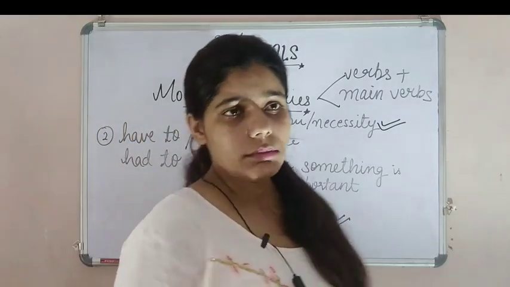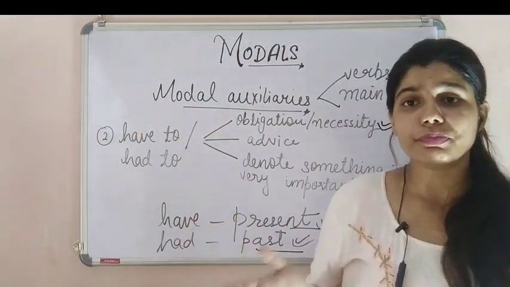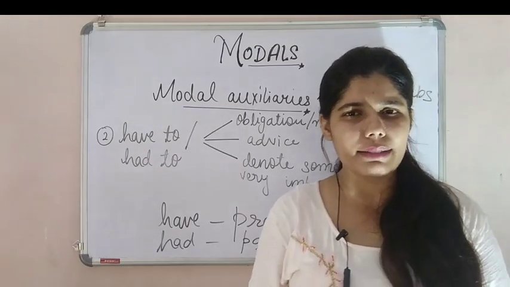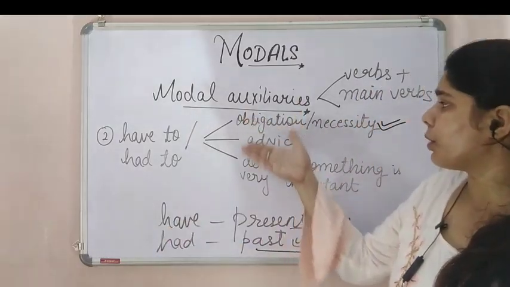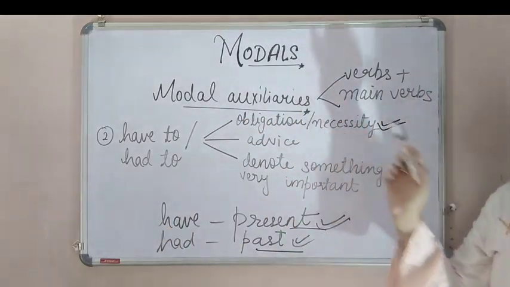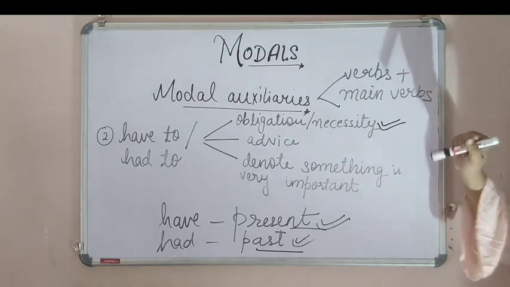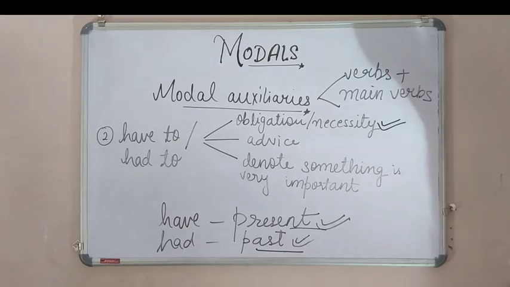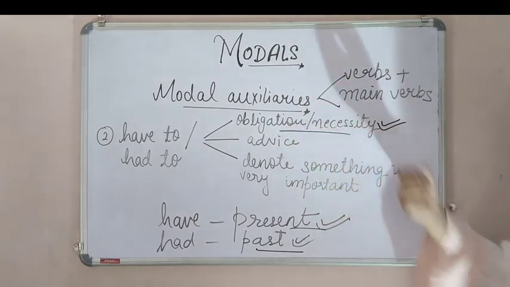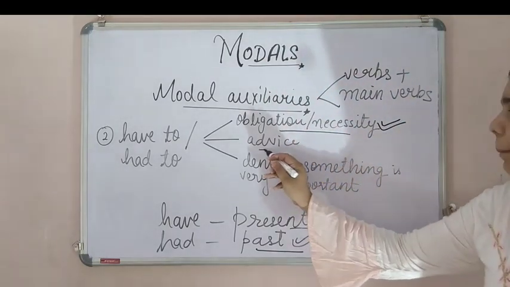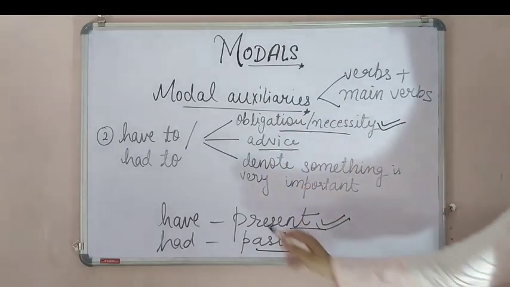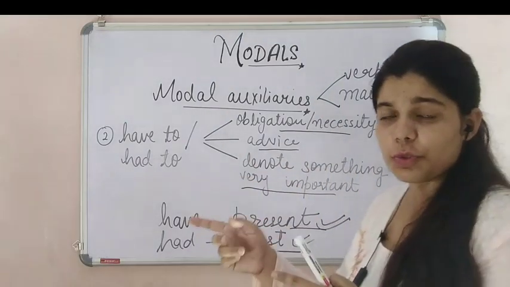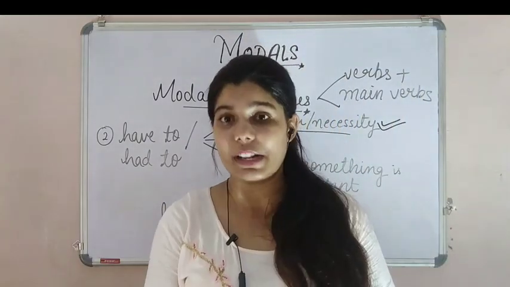One more thing you may have noticed: the uses of have to, had to and must are, to an extent, the same. If we go through the points mentioned here, we can observe that for must we had obligation and necessity, and emphatic advice. Here we are denoting something very important, and for must we had compulsion.